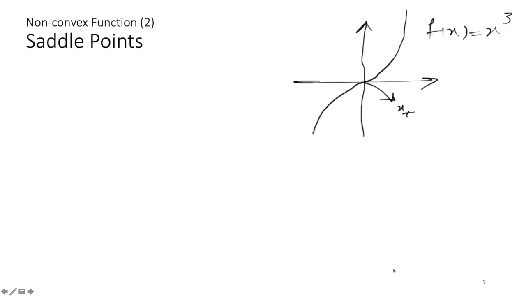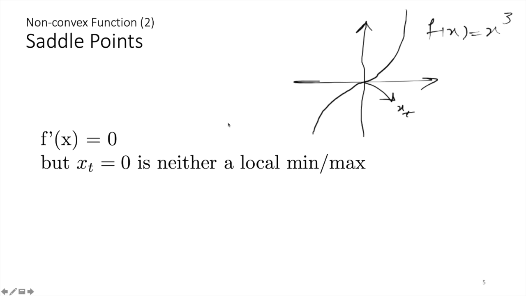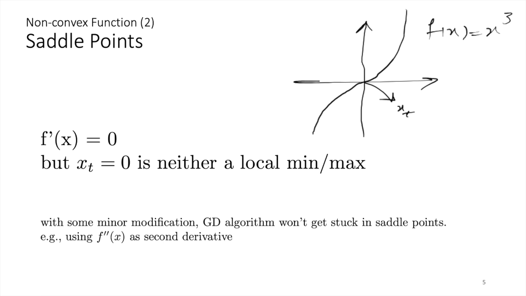The second one was when we are dealing with saddle points. Although we have f prime of x as 0, this point x is neither a local nor global minima or maxima. We talked about how we can use the second derivative as a remedy to overcome this issue.